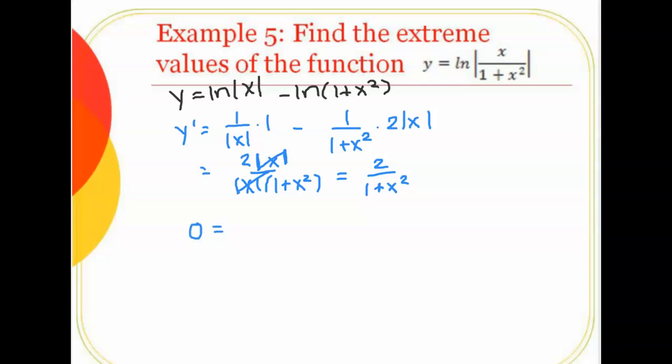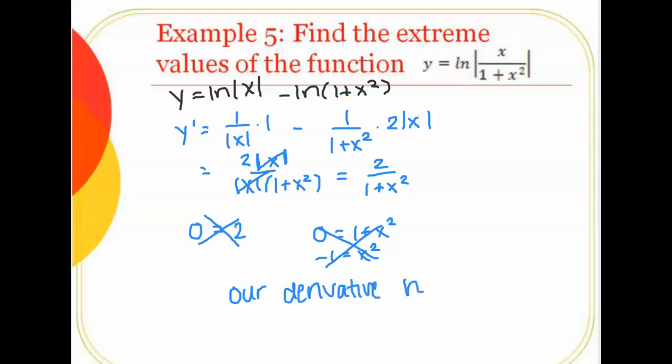We set it equal to 0, and we get 2. Well, 0 never equals 2. We set the bottom equal to 0, and we get -1 equals x squared. We know that x squared can never be a negative, so our derivative has no critical points.